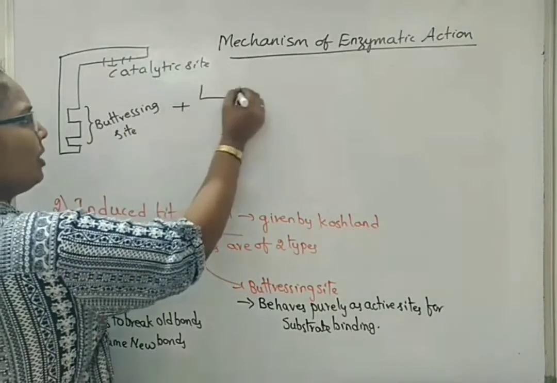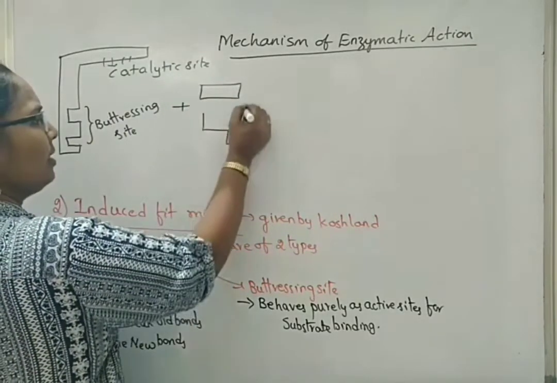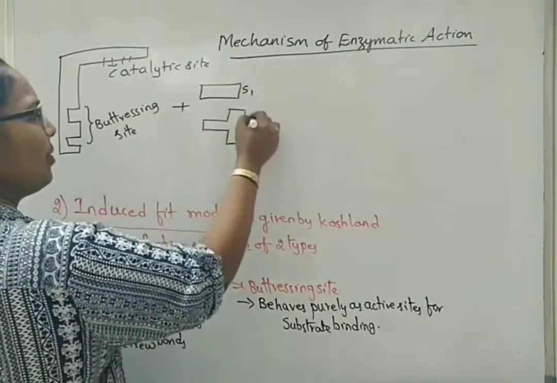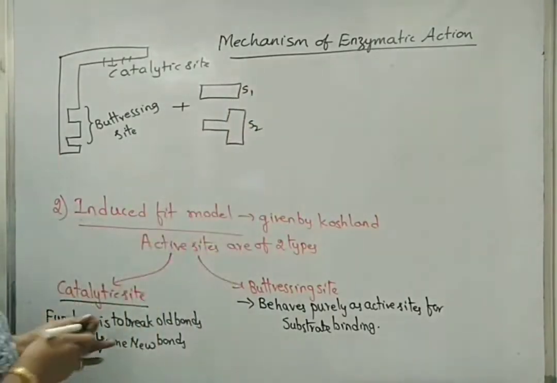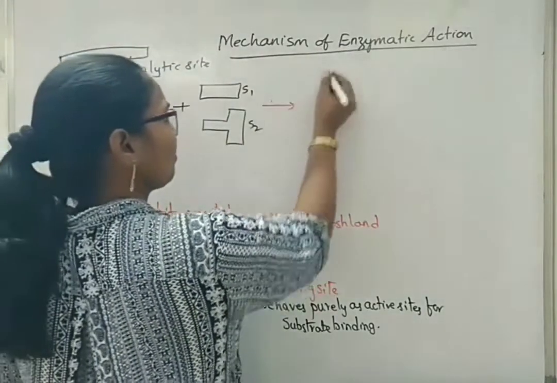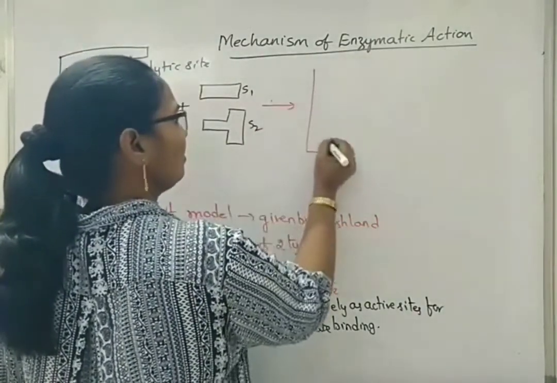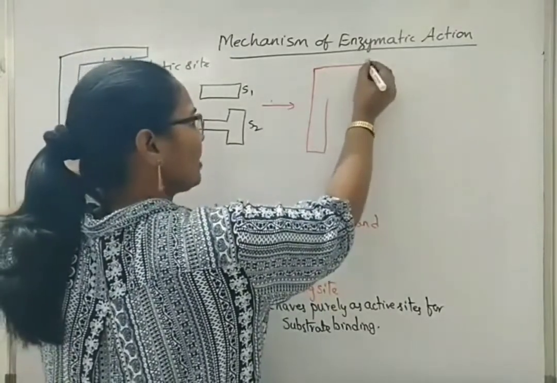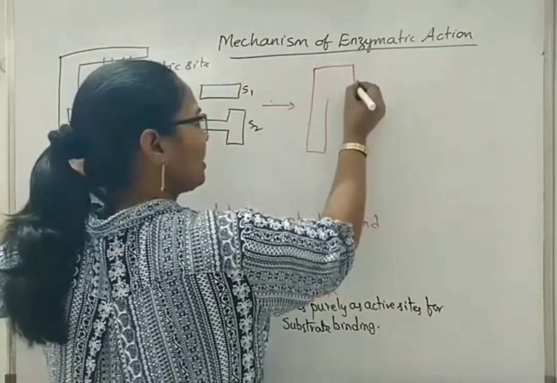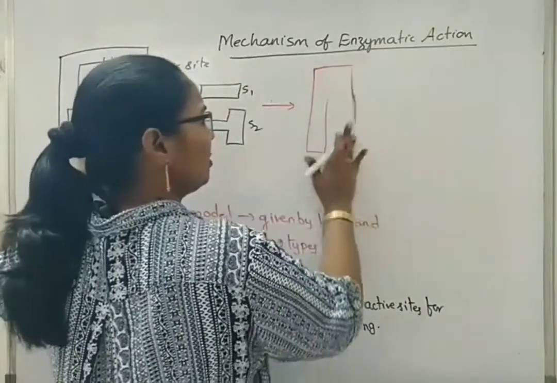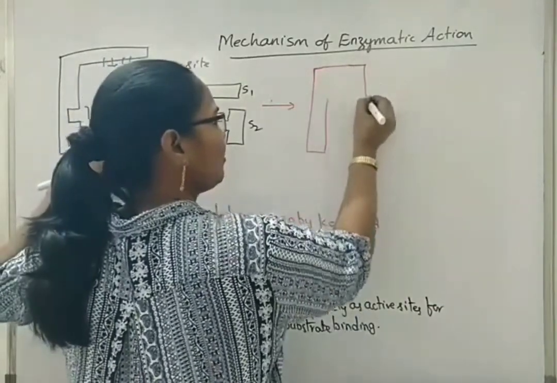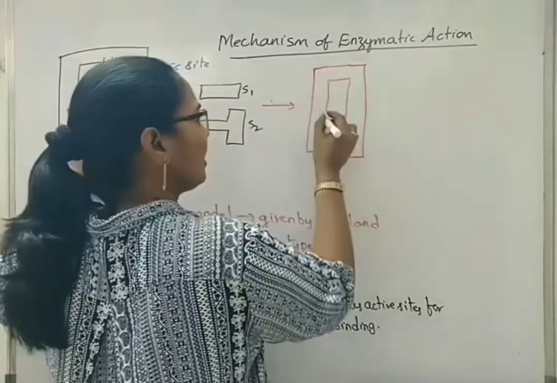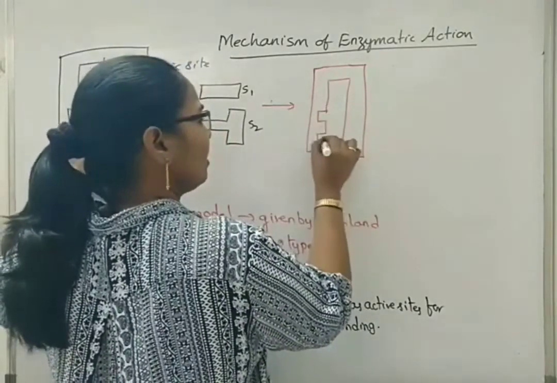Now when two different types of substrates, S1 and S2, have entered to be involved in the reaction, then in the next step, the buttressing site will be the same, it will not change its position, but now the catalytic site is changing its position to fit the substrates firmly into the buttressing site active places.